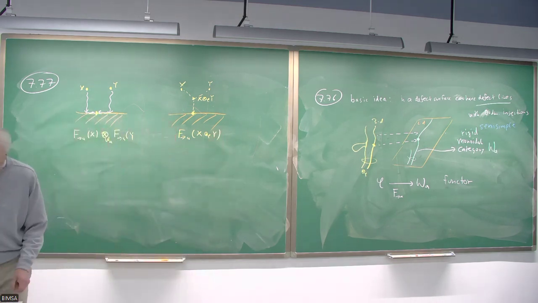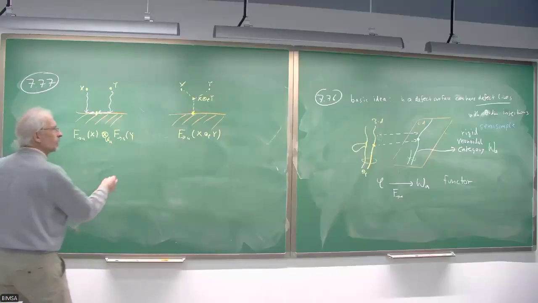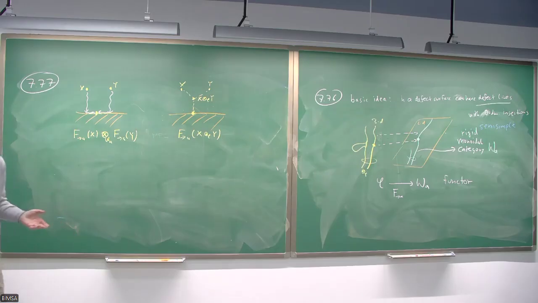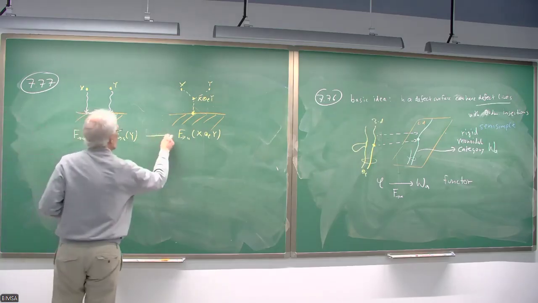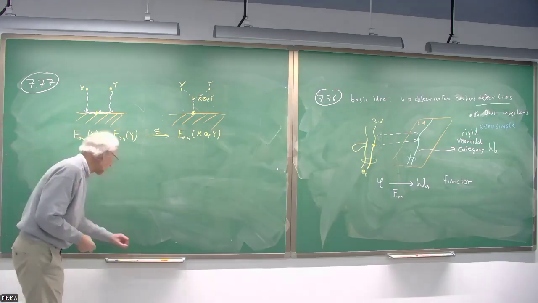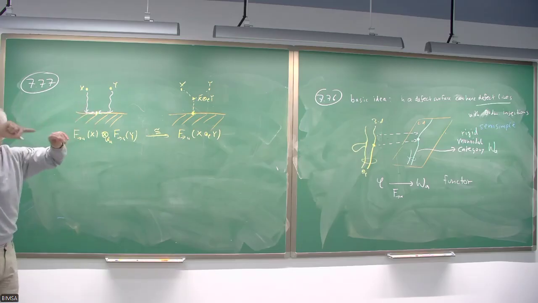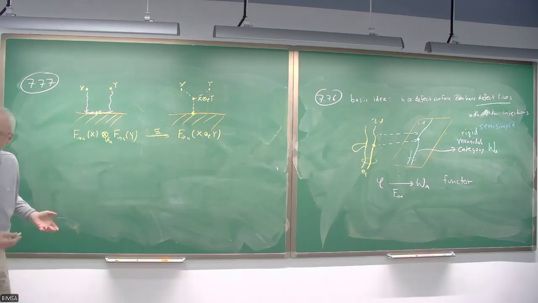And these two situations should give me the same thing. So I require that actually there's an isomorphism here. And not only an isomorphism, but if I now have insertions on these lines, it should be compatible with them.